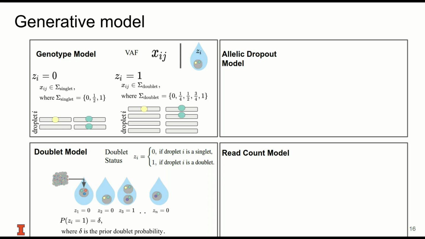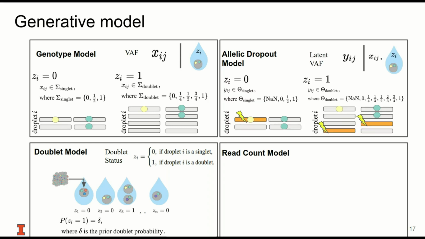As we pointed out earlier, allelic dropout is a common challenge in single-cell DNA sequencing. So we explicitly model this process of the alleles dropping out as the latent VAF. This latent VAF Y_ij is dependent on the VAF X_ij and the doublet status Z_i.